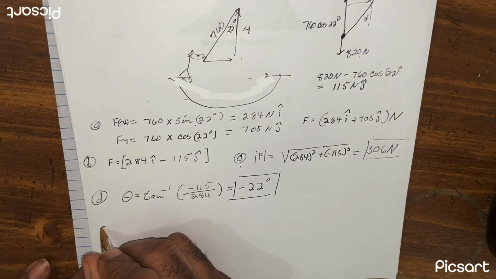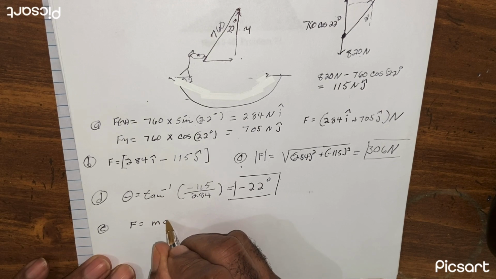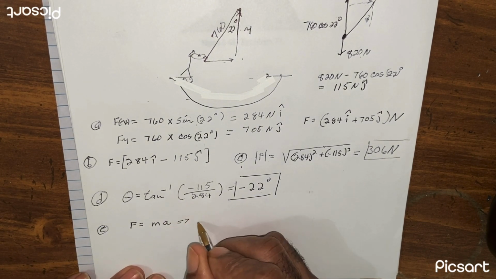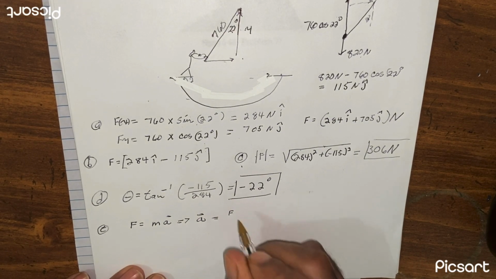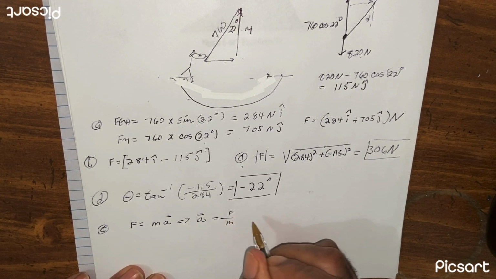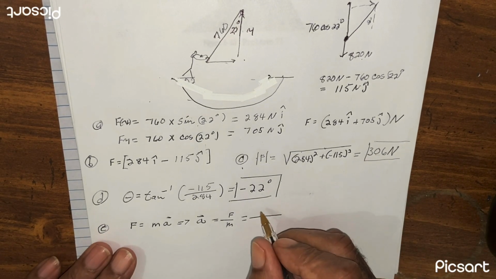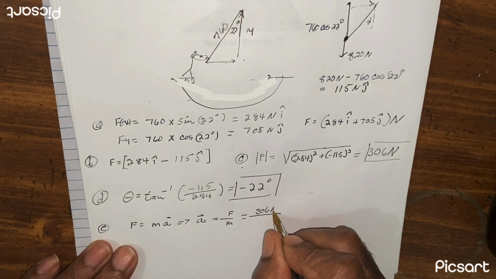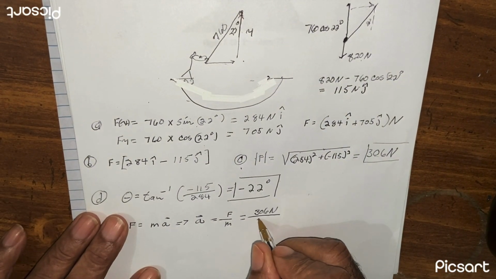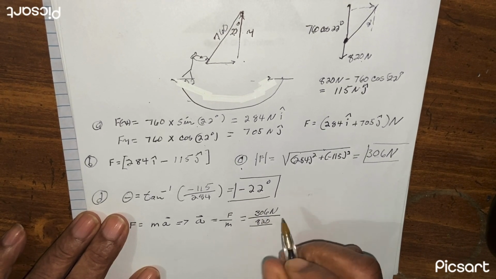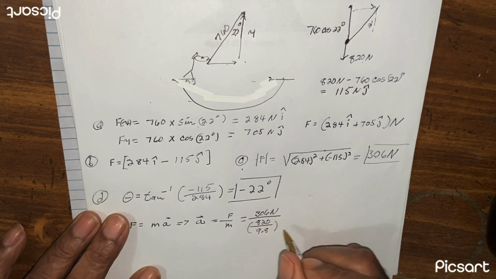So for E, we know that F equals MA, which goes to A, acceleration, is going to equal F over M. The force is 306 newtons, and we have his weight, which is 820 newtons, which you have to divide by 9.8 meters per second squared in order to get that in mass.